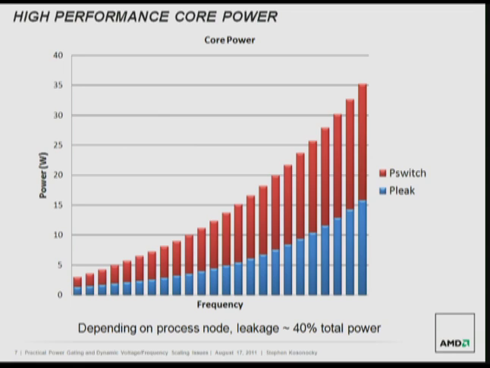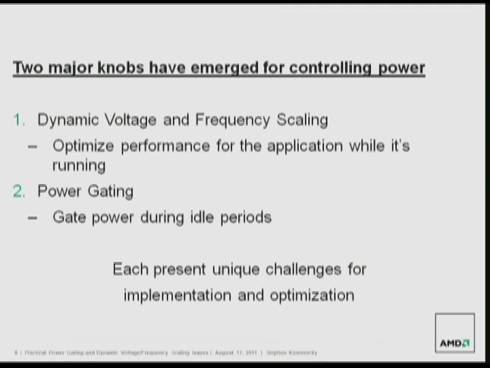But here, what you see is the leakage could be up to 40% of the total power. And that's really good motivation for trying to do power gating. That leakage is there. If we want high performance, typically that's the realm we're in. It could be 30%, 40%, but in that region is typical for most process nodes.